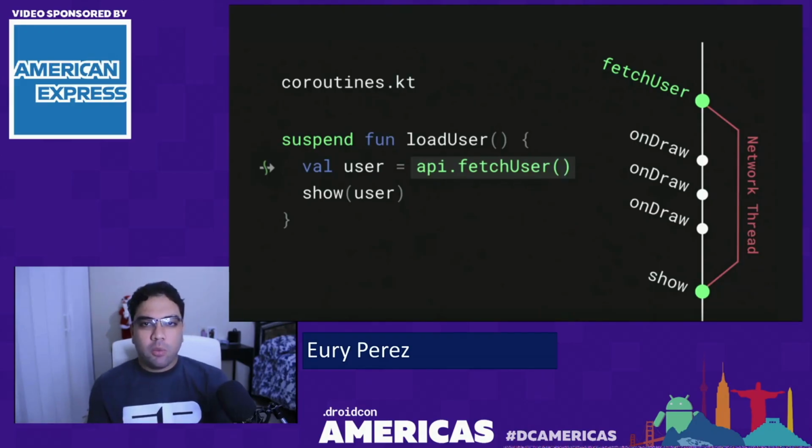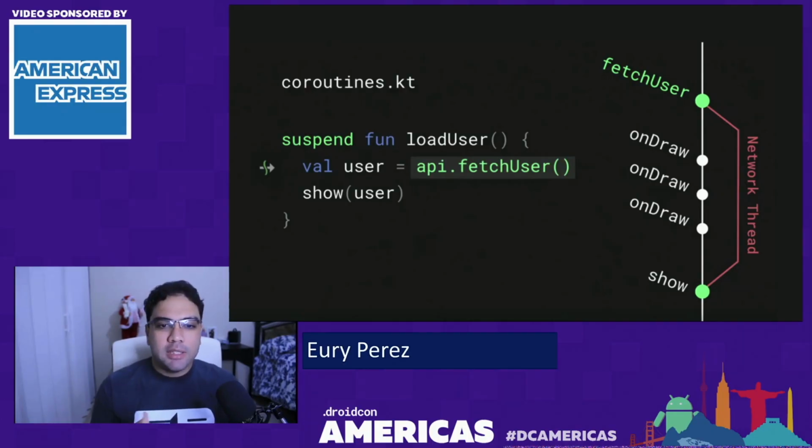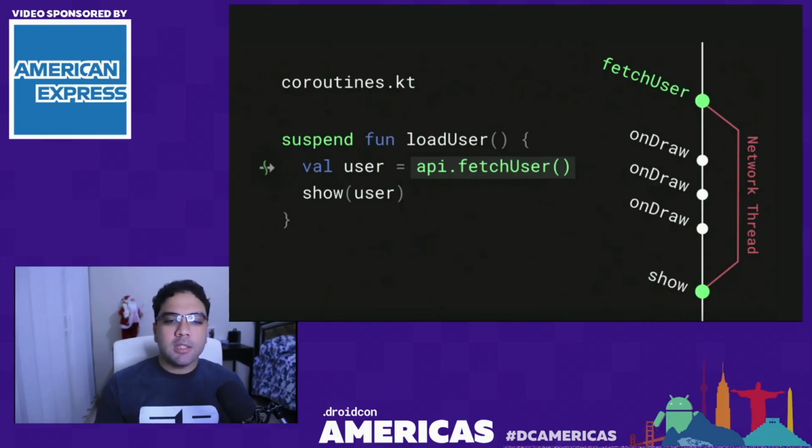On the right, we can see a visual representation of how this suspend function, running in the background in a coroutine, will work. The white line in the middle represents the UI thread, where we draw our views, our buttons, our text views, our edit texts. The call to fetch user, a suspend function, is represented by the icon on the left, that white arrow with the green curve.